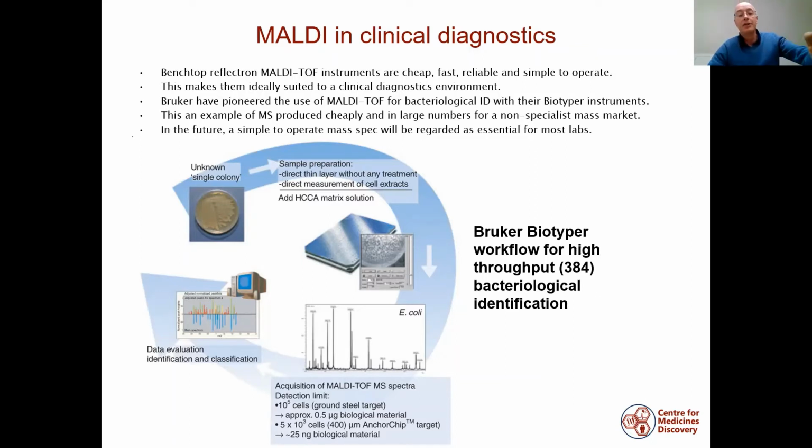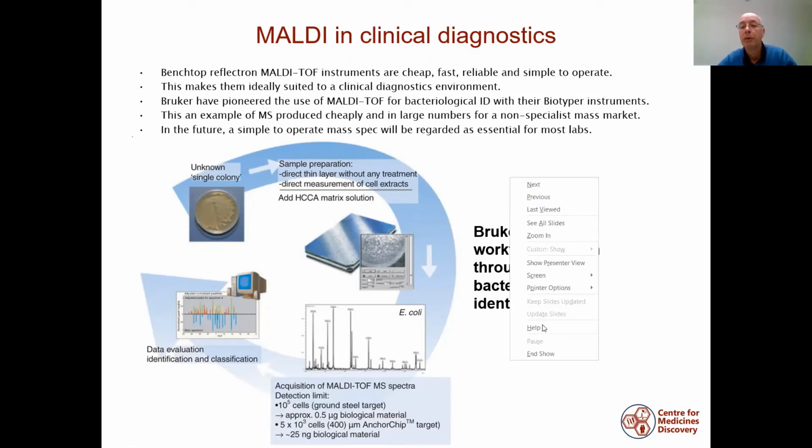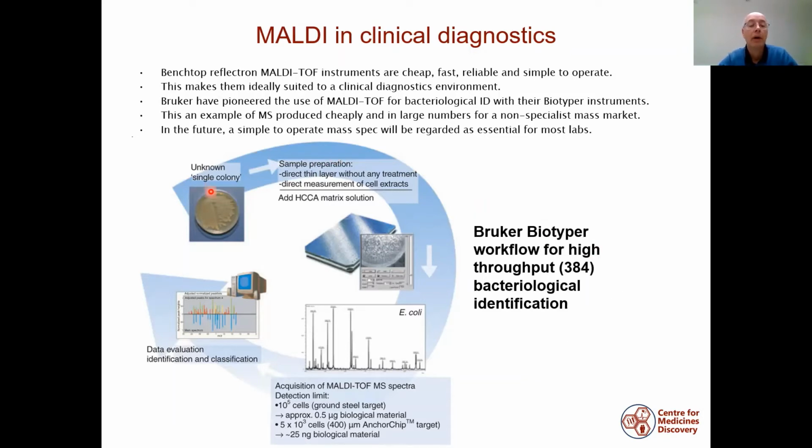But this is how the Biotyper works. This is really quite nice. It's very simple. We start with a bacteriological colony. You can just pick one of these colonies off, and you spot it onto your target plate. And onto your target plate, you add your matrix solution.